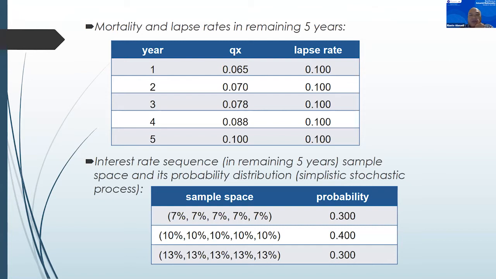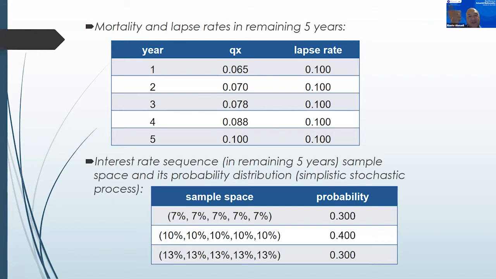The same is true with the lapse rate. So 0.1 for each one of these years means the probability it's going to lapse in this next 1-year period is 10%, is 0.1. How about the probability of lapsing in the second year?